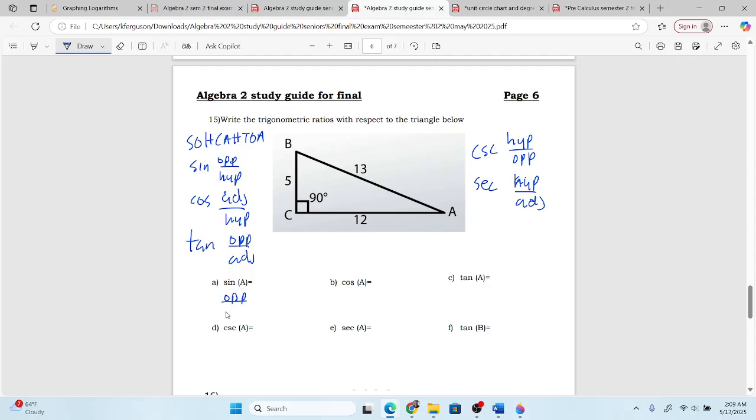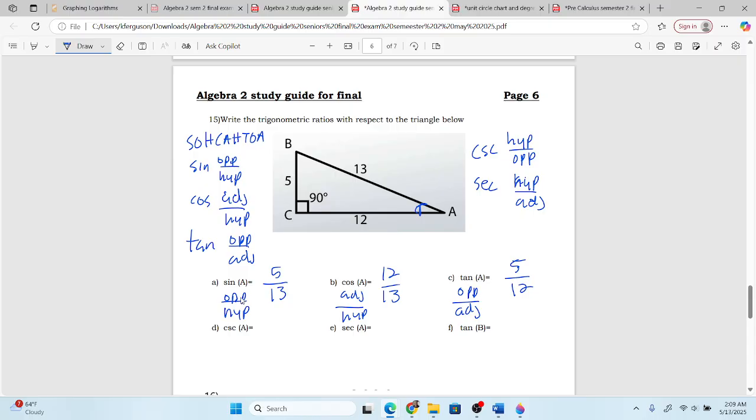Opposite over hypotenuse. Well, hypotenuse is 13. And if we're looking from A, opposite is 5. So that's 5 over 13. And then cosine of A. Cosine is adjacent over hypotenuse. It's 12 over 13. And then tangent of A is opposite over adjacent. That's 5 over 12.